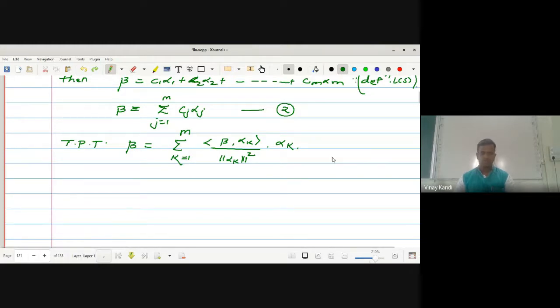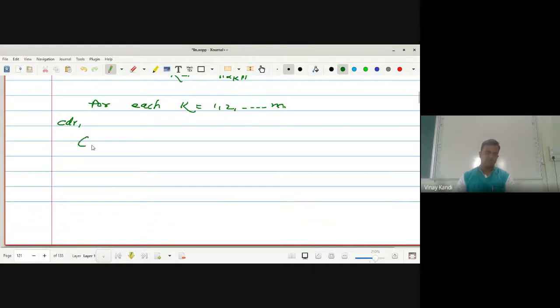For each k equal to 1, 2, up to so on m, consider the inner product of this beta with alpha k. What is the value of beta here?